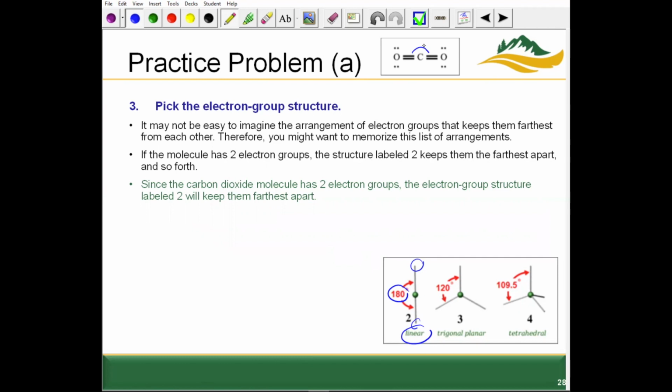So we'd separate these by 180 degrees here, and then on this side as well. So two electron groups around carbon dioxide. Just to point out again here importantly that both of these groups are bonds. So one group is a double bond, the second group is also a double bond.